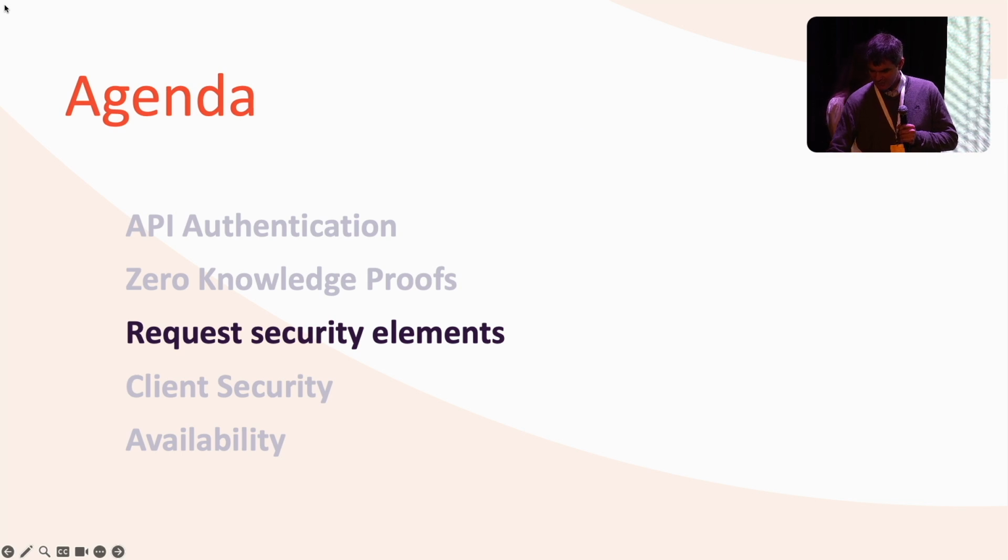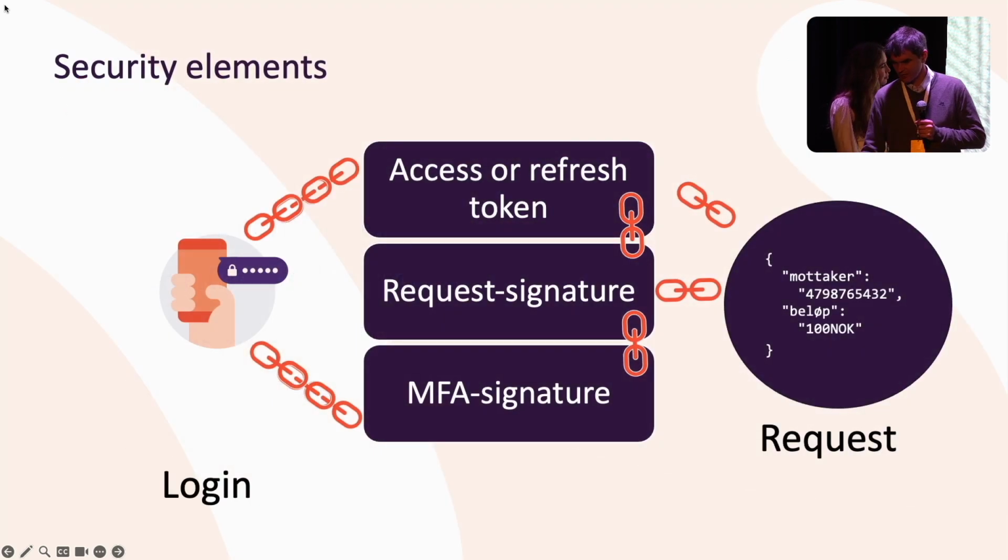Yes, this was a high-level overview. Now I'm going a bit more into the details about the different security elements that we have in a request to the Vipps backend. So we have talked a bit about the access token and the refresh token that is issued by Vinx.